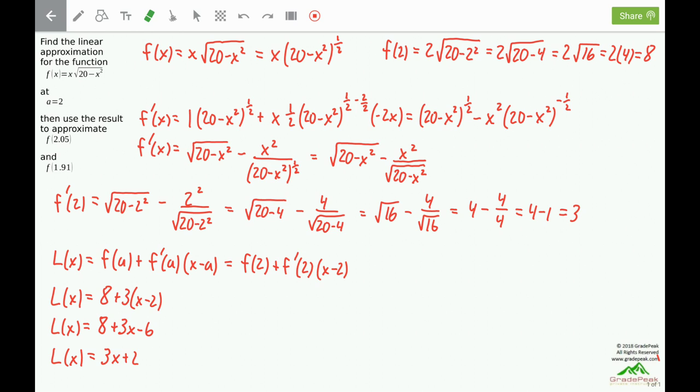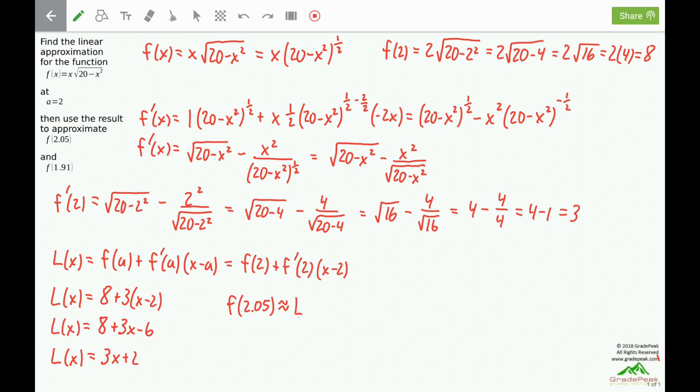The next thing to do is to use this to approximate f of 2.05. The linear approximation can approximate f at any value that's near 2. 2.05 is near 2.